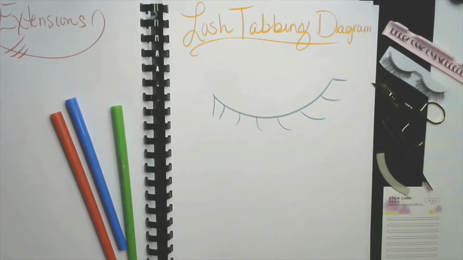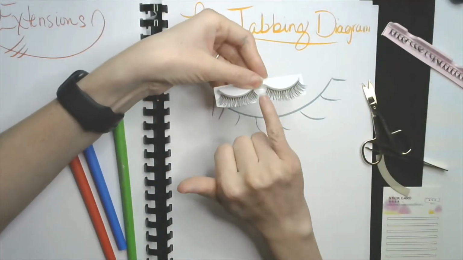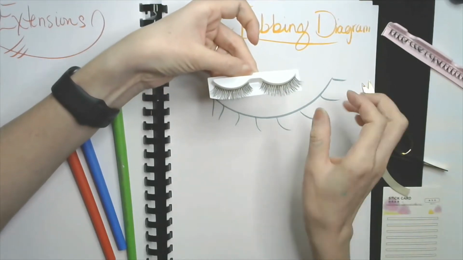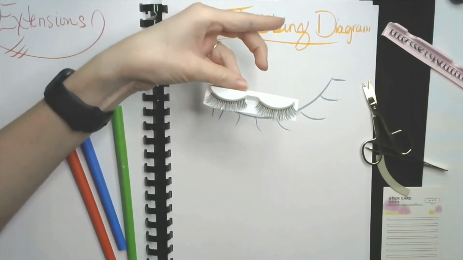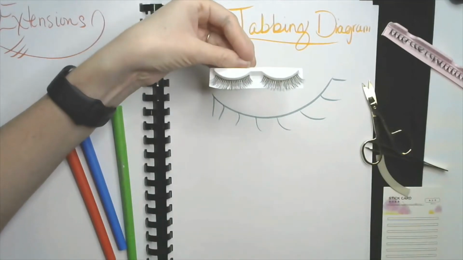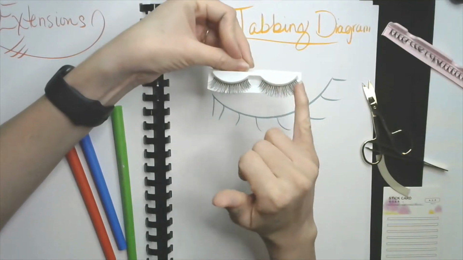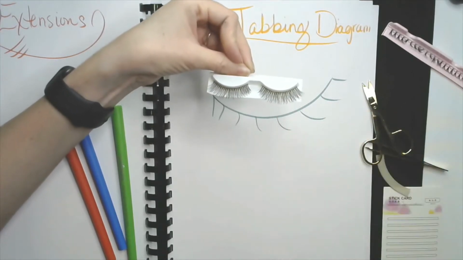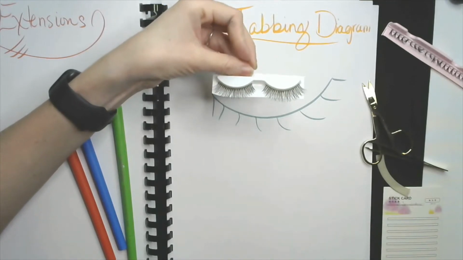So lash tabbing. We have previously done a strip lash application, which is a lash in strip form. You take the whole strip, you apply it over the natural lash line, and there you have a full lash on one application. We've done enhancements where you cut this full lash strip in half and you're only working from the middle of the eye out to just enhance the corner of the eye for someone that doesn't want such volume or drama in their eye.